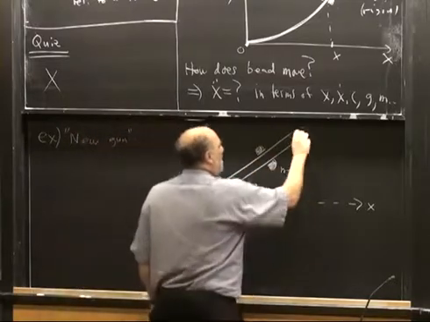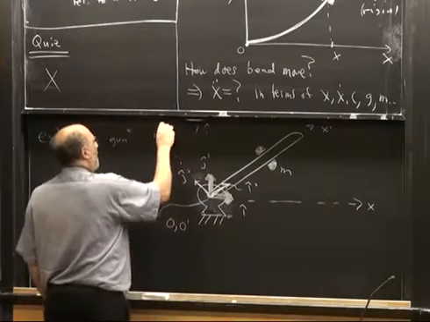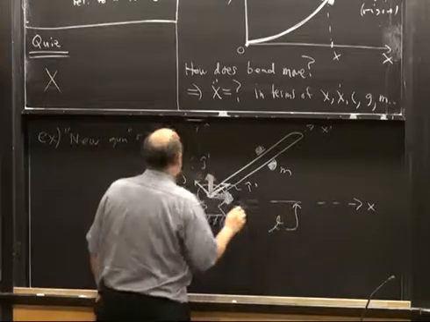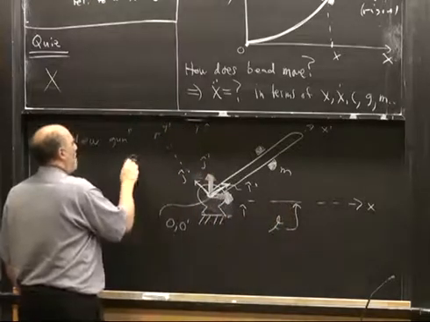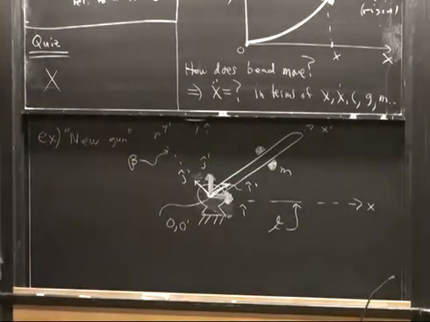Associated with those are x prime and y prime. This is what I'll call my fixed coordinate system, this xy system, and this is my body coordinate system that's connected to the object.